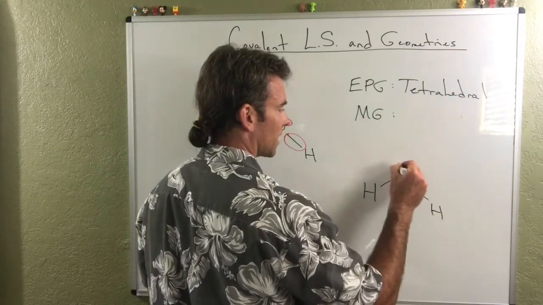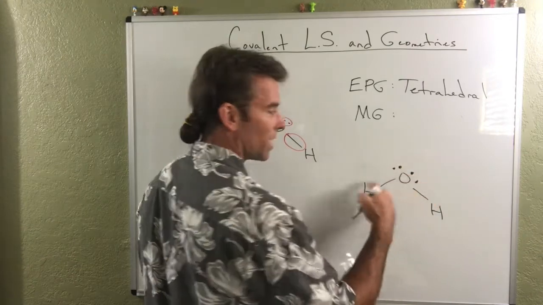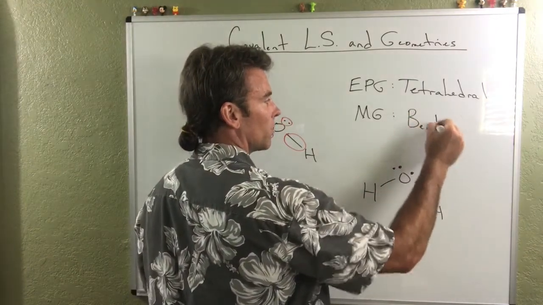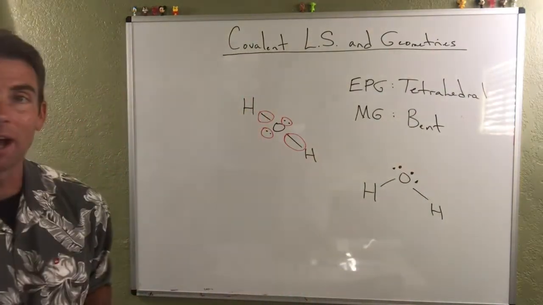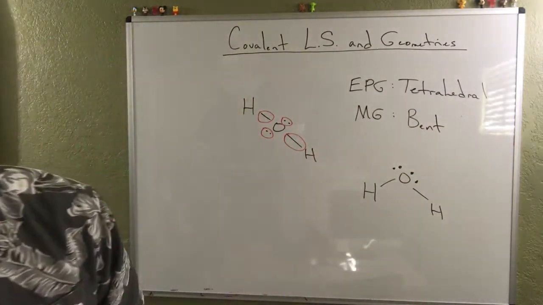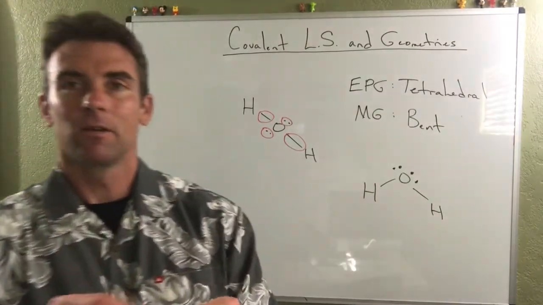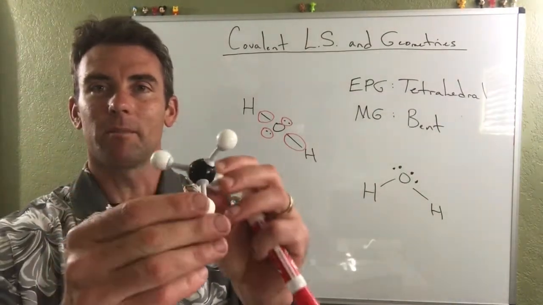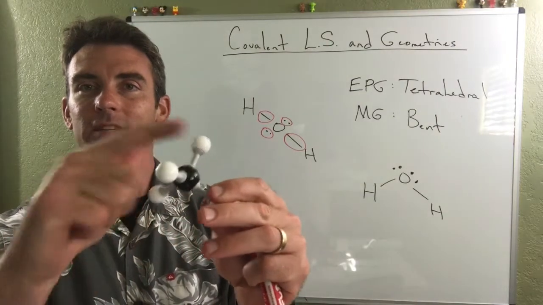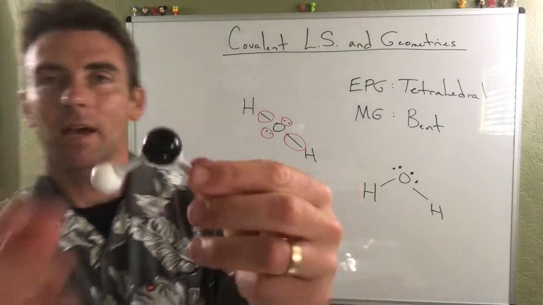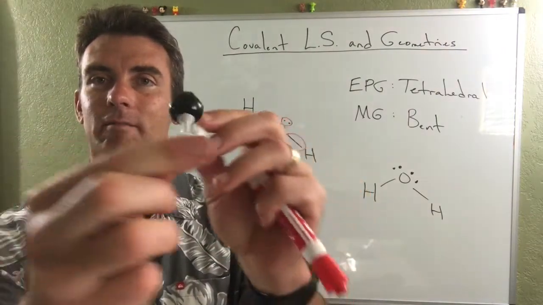I'll show you in just a second, so that I can see that bent geometry, or in other words, that 109.5 degree bond angle. And really what's happening there is we're starting off with our normal tetrahedral geometry, but 2 of these are missing. So I'll remove 2, and what I have is this bent molecule.